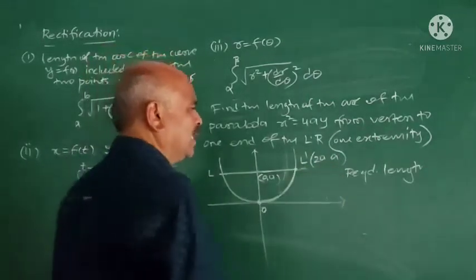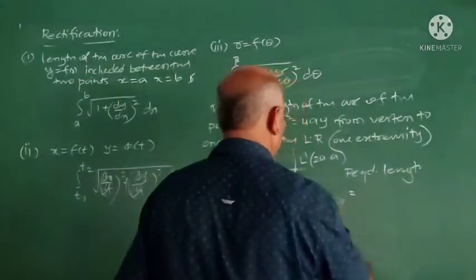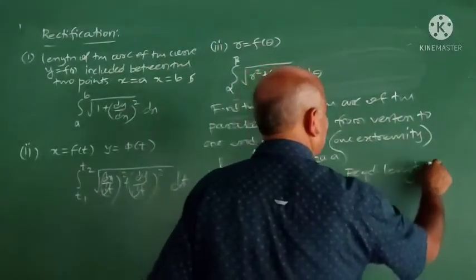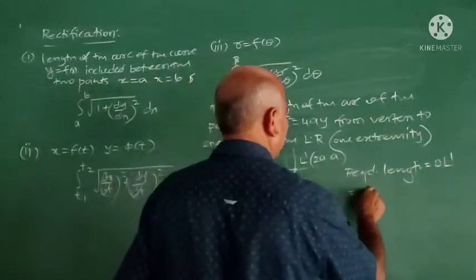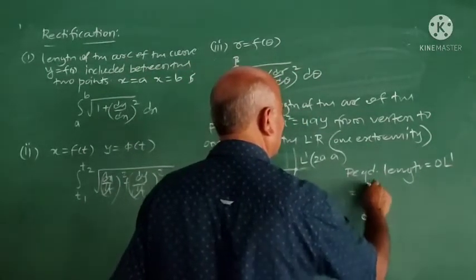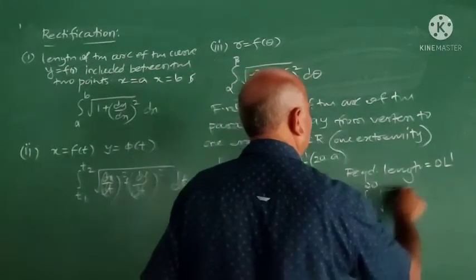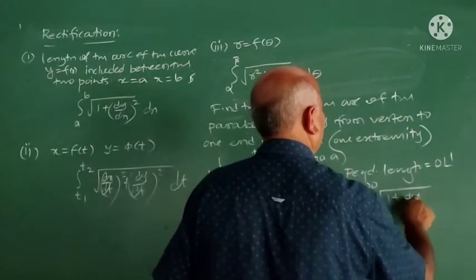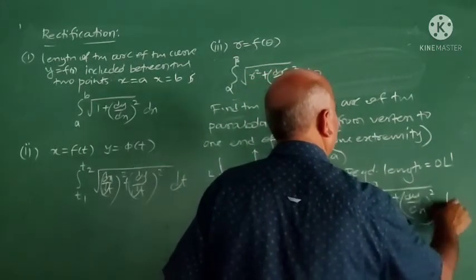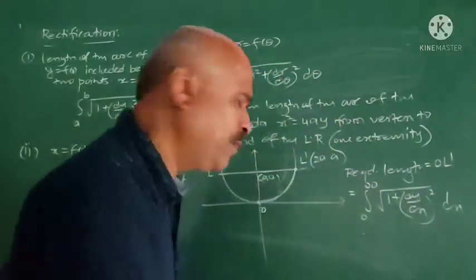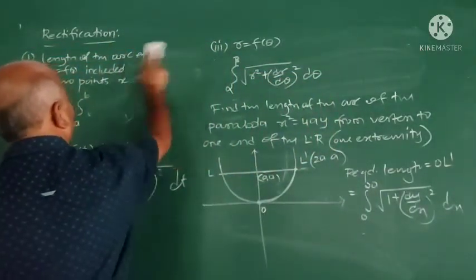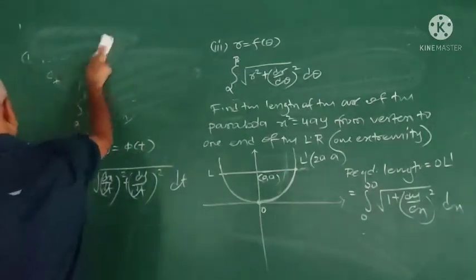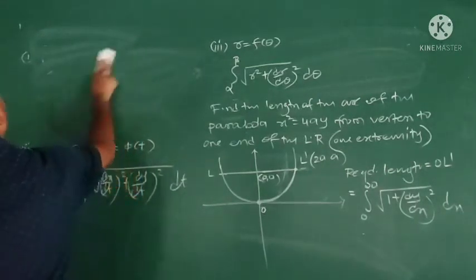Therefore, what are the limits? Required length is OL dash. In terms of definite integral, it is 0 to 2a root of 1 plus dy by dx whole square with respect to x. This is the formula. First write down the formula, then we calculate dy by dx now.